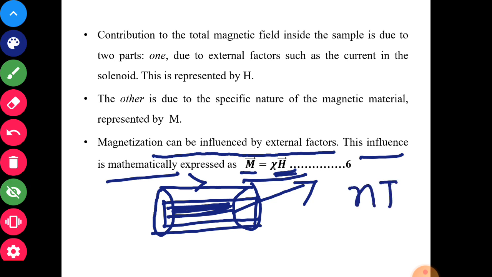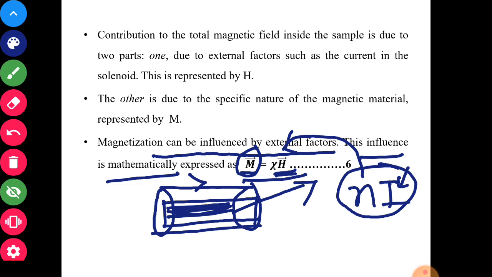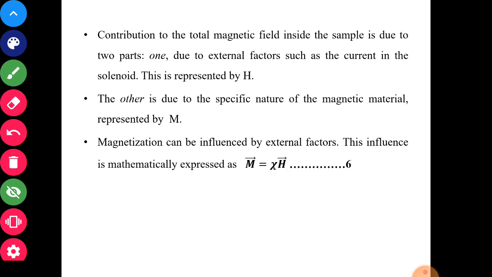H is N into I. If you change the current, then the magnetization of the material will change, or we can say magnetization is directly proportional to this Ni, that is H. So magnetization is found to be directly proportional to the external factor, that is the current in the solenoid. So M is proportional to H, the proportionality is removed and a constant is placed. That constant is called the magnetic susceptibility.